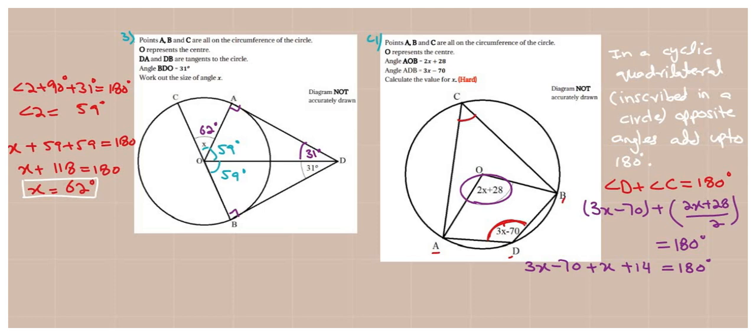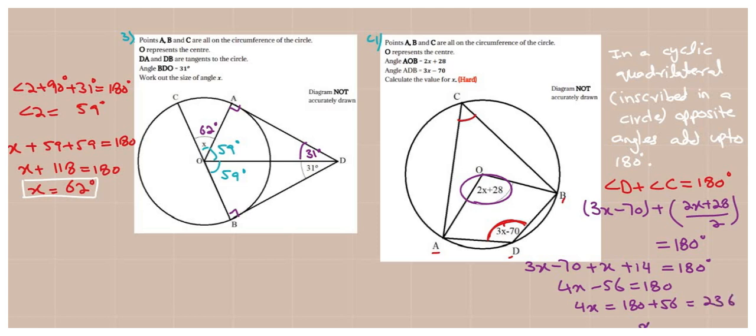Okay, now let's simplify. We have 3x and then plus 1x. These two are the terms that are with the x, so it would give us 4x, and then there is 14 minus 70 which is minus 56 will be equals to 180. 4x will be equals to 180 plus 56, which is gonna give us 236.